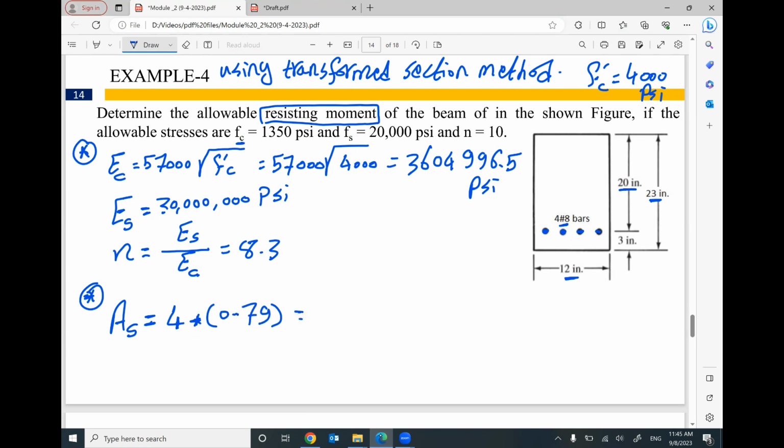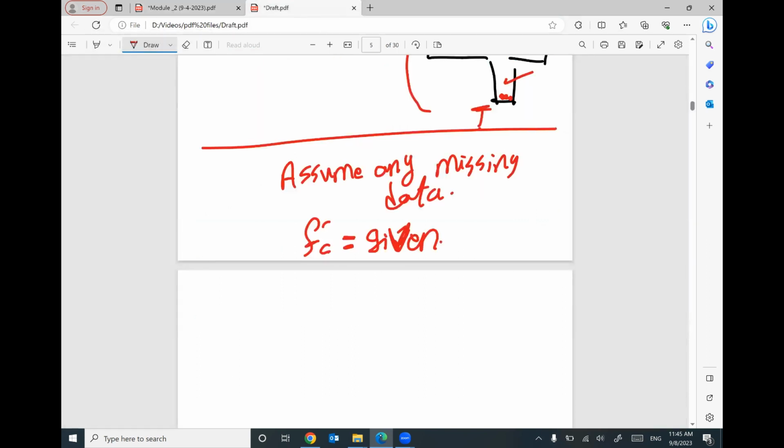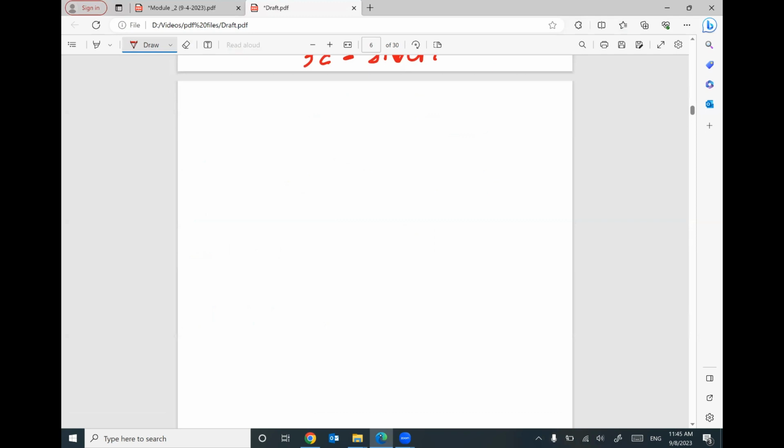Okay, looks good. So the total area of steel will be 4 times 0.79, it will be 3.16. Any questions so far? No. Okay, sir.